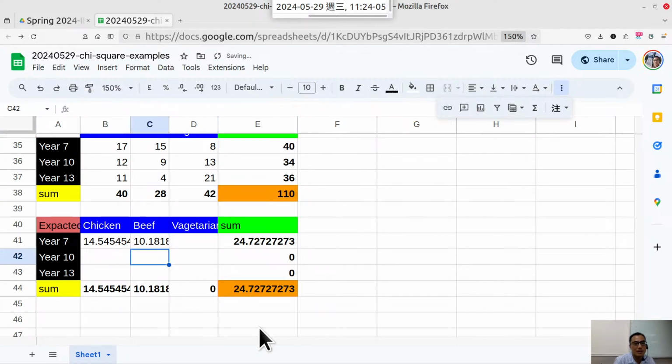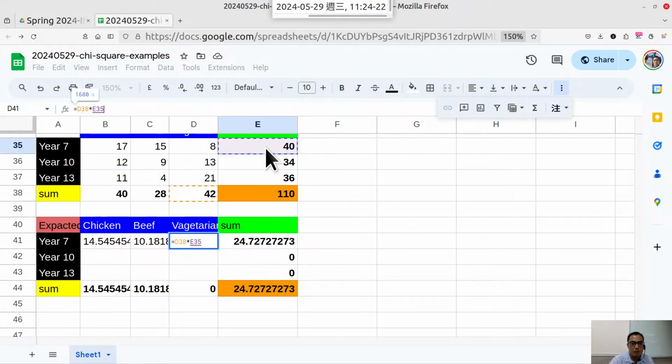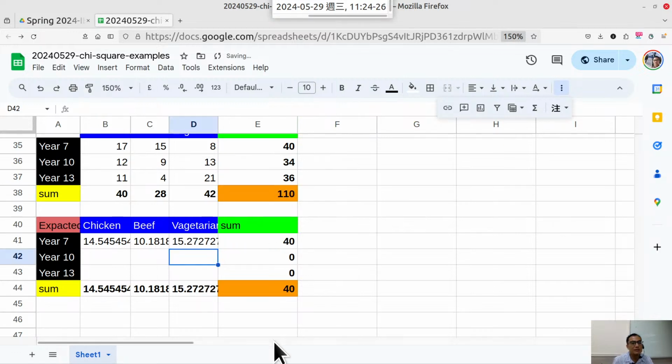Click. The same here, vegetarian, that is 42 times 40 divided by 110, equal 42 times 40 divided by 110. Click.